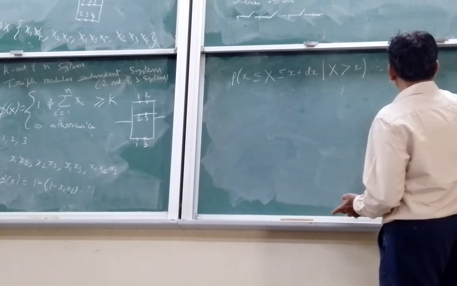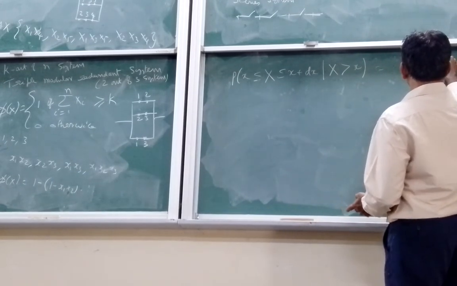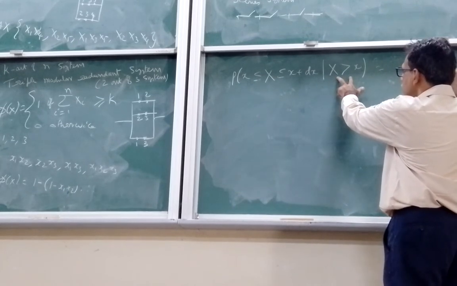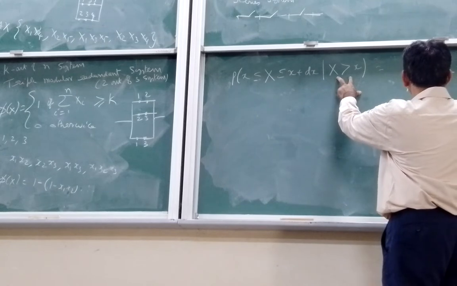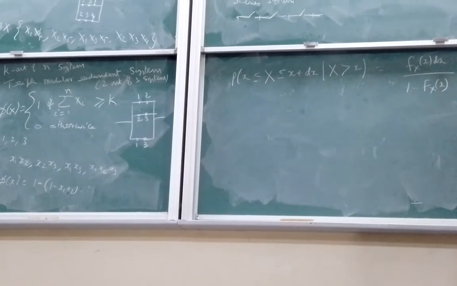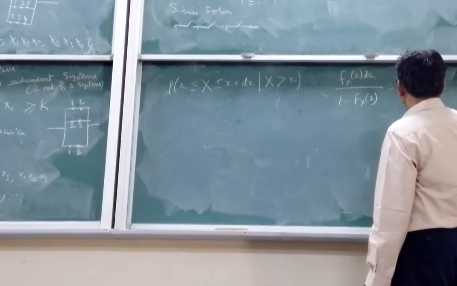This is fx of x dx divided by 1 minus Fx of x. This is called the hazard function.